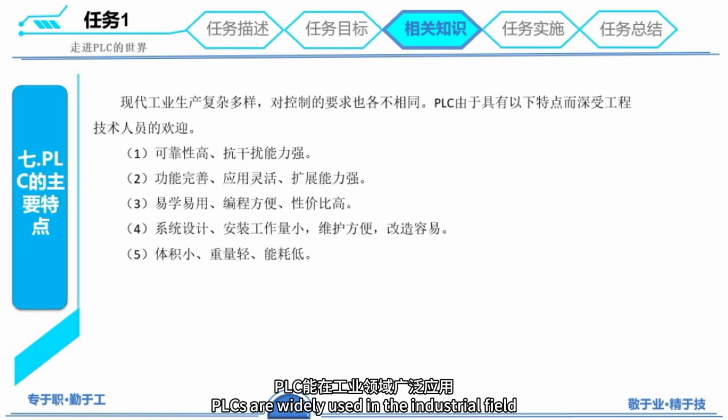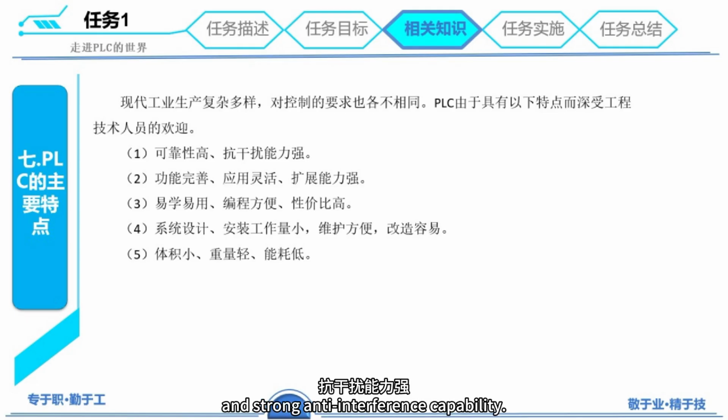PLCs are widely used in the industrial field because they possess characteristics that adapt to industrial requirements. First, it features high reliability and strong anti-interference capability. It adopts contactless logic operations to avoid mechanical wear of relays. The internal circuit is designed with electromagnetic compatibility to resist electromagnetic interference and power supply fluctuations.